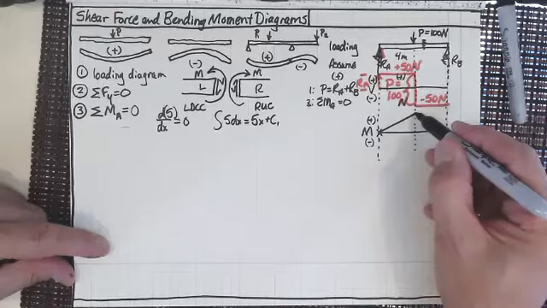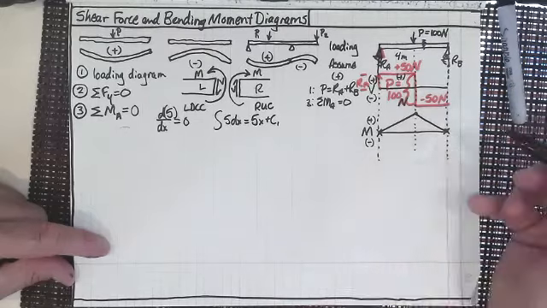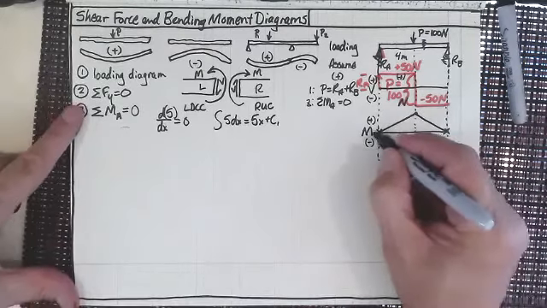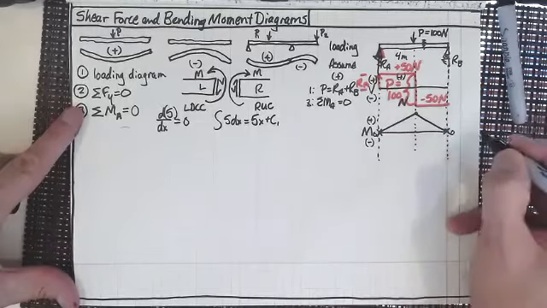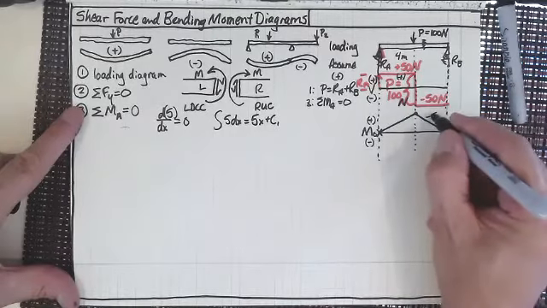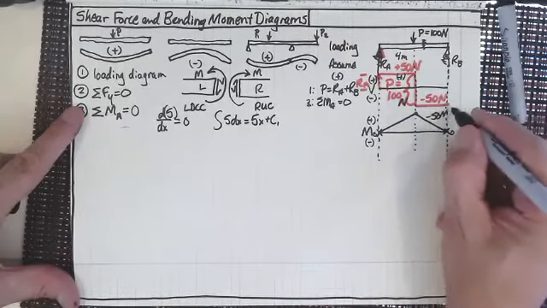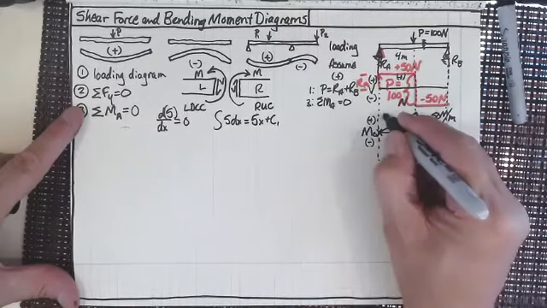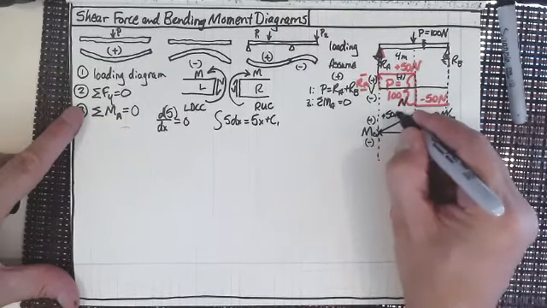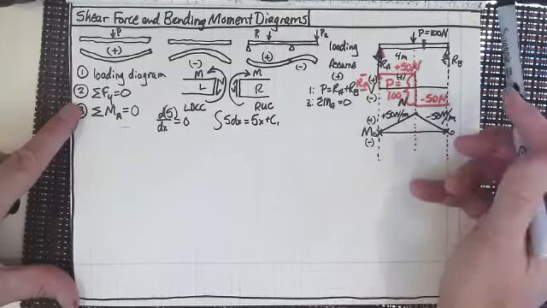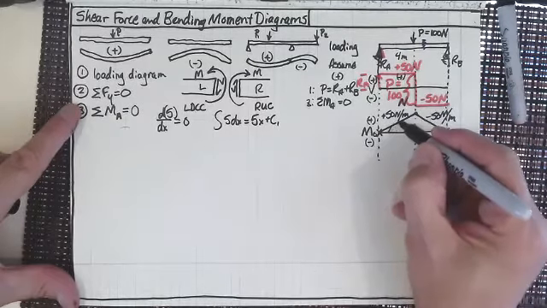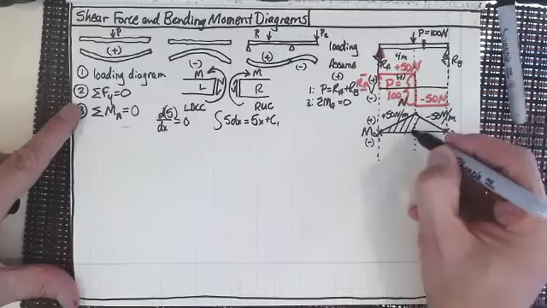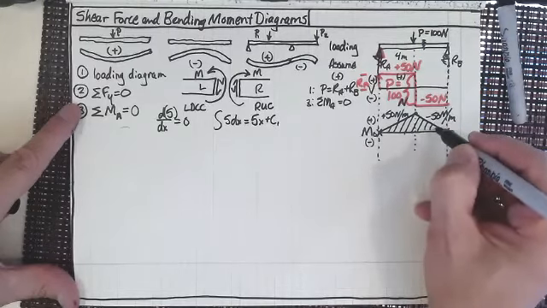I didn't draw that. Oh, yeah, that's not bad. So it has to come down this way. Does that make it 0? We started at 0. We ended at 0. This is minus 50 newtons per meter. This is plus 50 newtons per meter, right? So that is our shear force diagram.